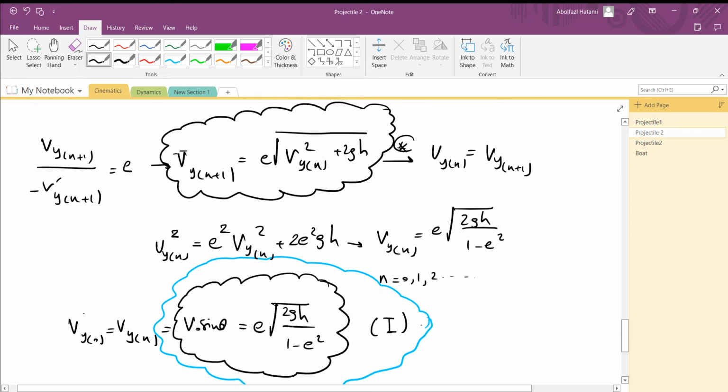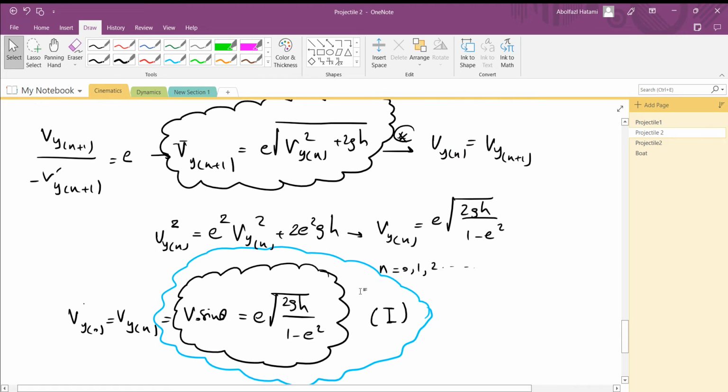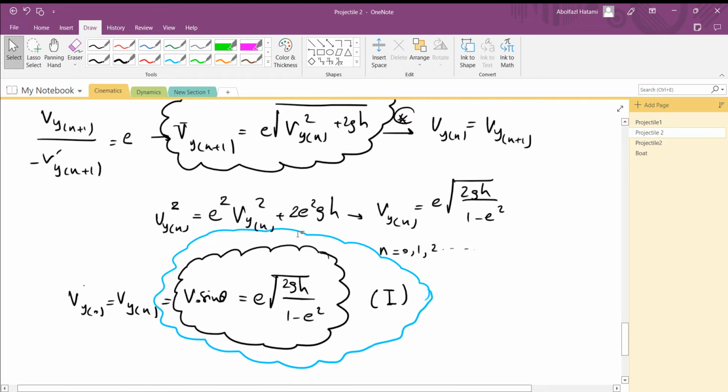And also we understood that radical Vyn squared plus 2gh is equal to Vy(n+1), which is equal to Vy of n over e.